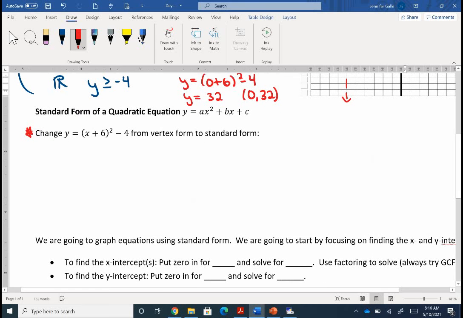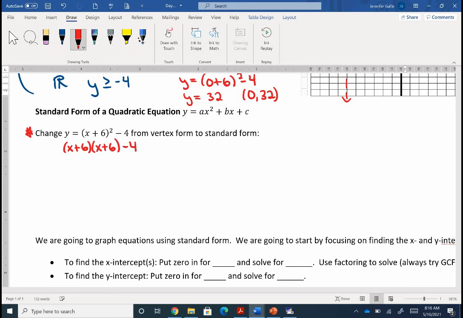Before I can do anything with the -4, I have to take care of exponents first. Order of operations says we have to do that exponent first. So, what does it mean to square something? It means that thing times itself, right?